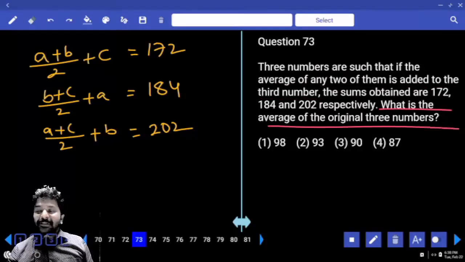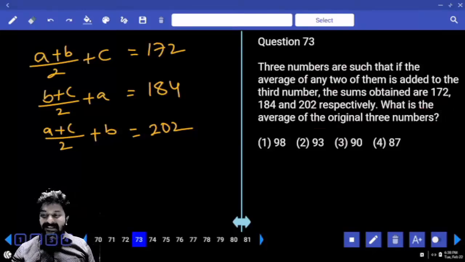What is the average of the original 3 numbers?